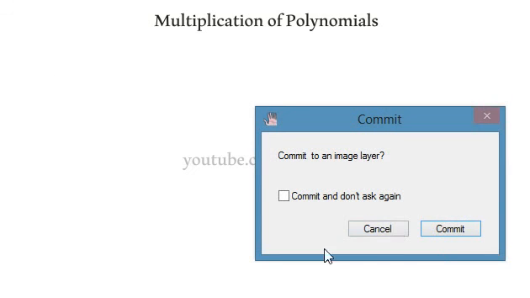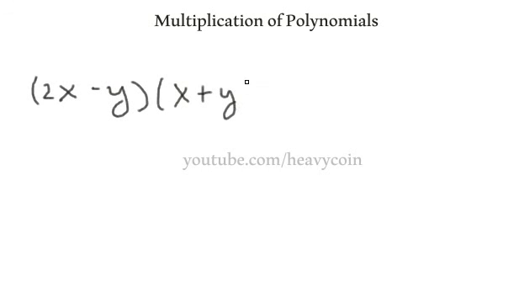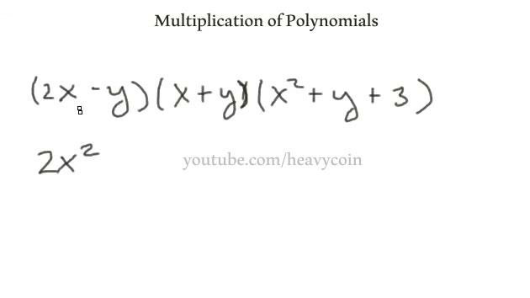Alright, well, let's end this with one last problem. Oops, meant to put a parentheses there. Let's multiply this out and call it the end on this section here. So we have 2x times x is 2x squared.